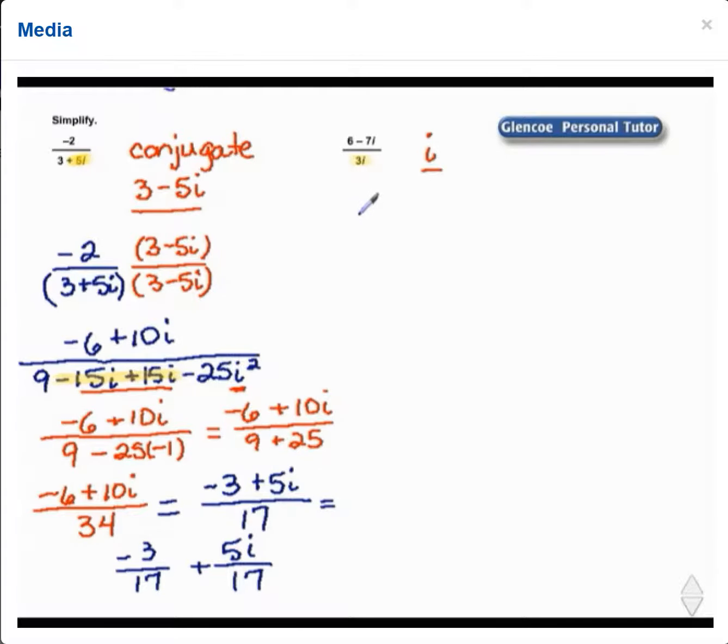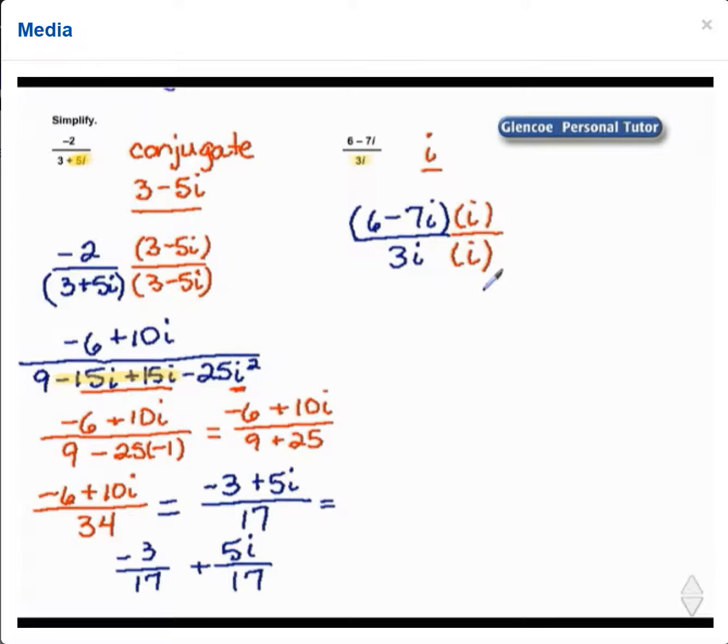So we'll start with our problem, 6 minus 7i over 3i. And we're going to multiply both numerator and denominator by i. And we'll put parentheses here so we remember to distribute.